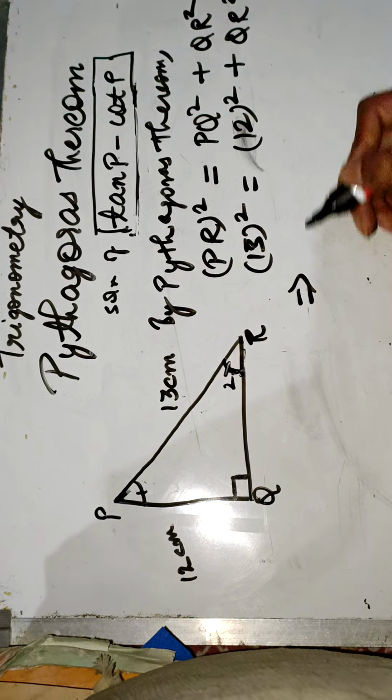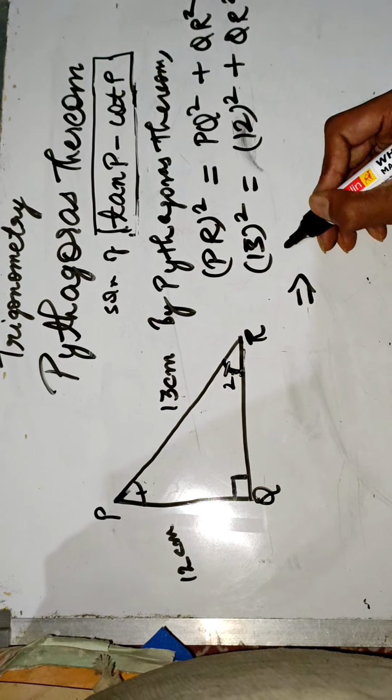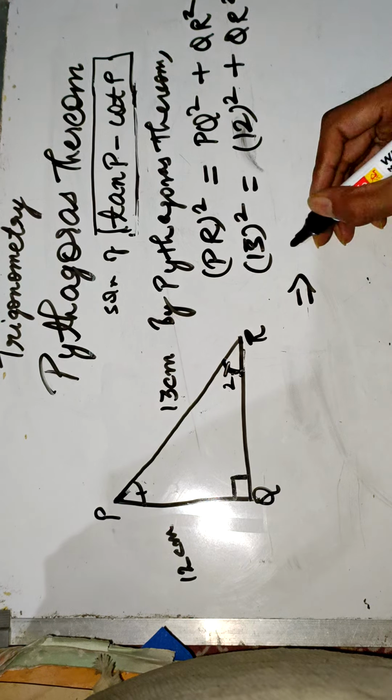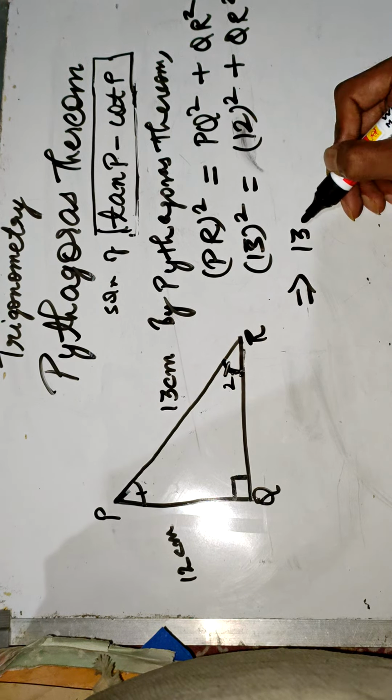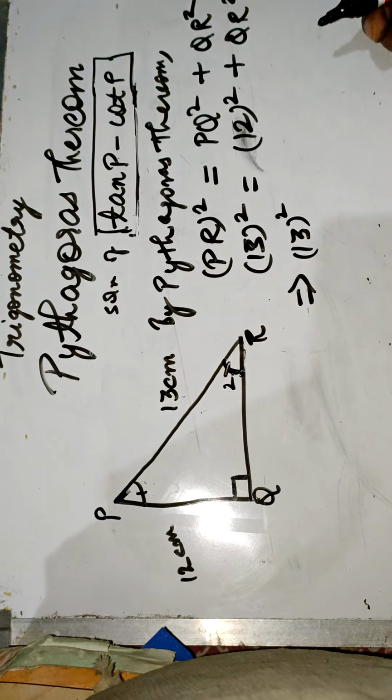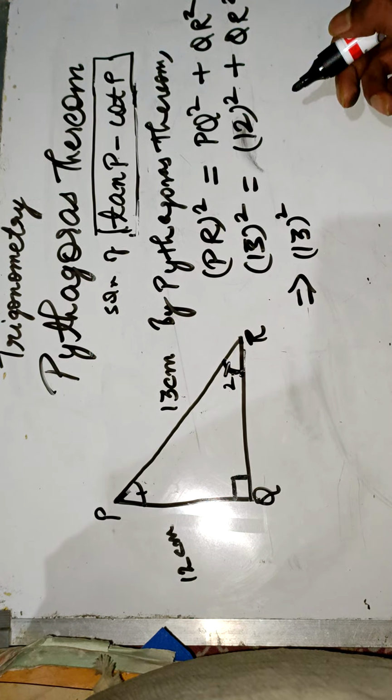So here what we can do, subtracting QR square from both sides, what do we get?